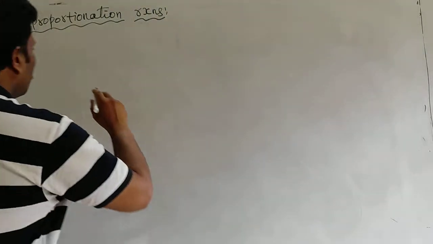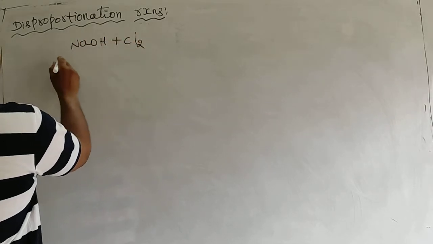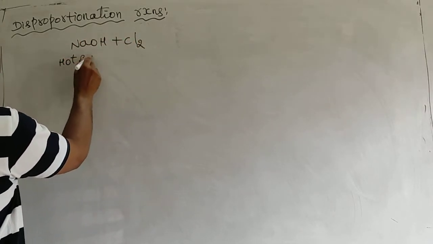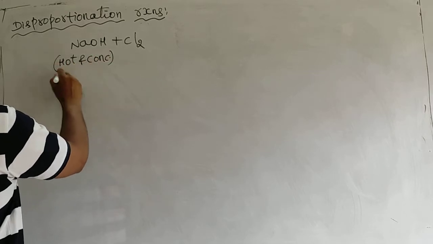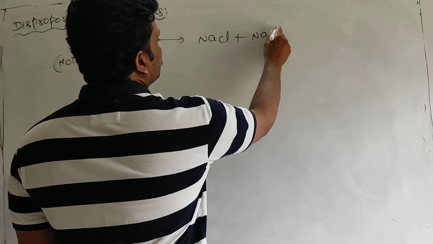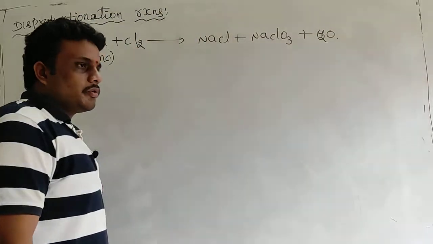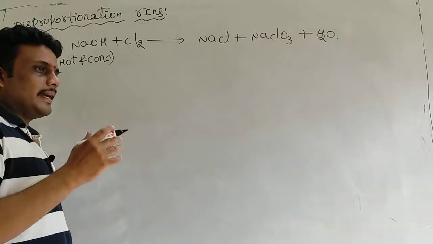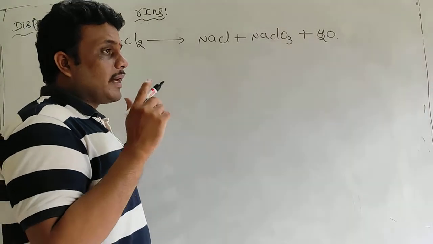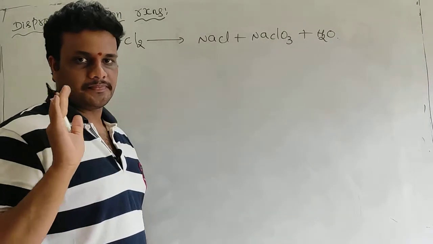Like we have an NCERT example. I am going to teach an NCERT example. Hot and concentrated NaOH reacts with chlorine, that gives sodium chloride, sodium chlorate and water. Already I told you, keep in your mind that when you calculate n factor, there is no need to balance the reaction.